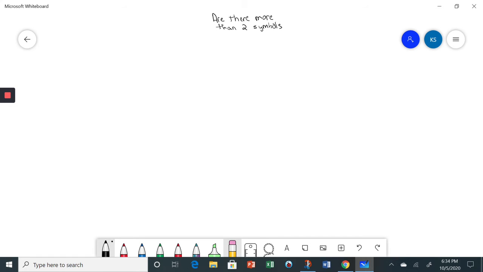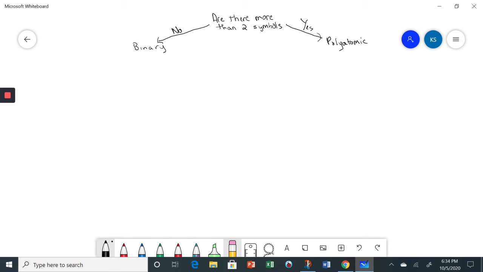If the answer is no, then this becomes binary. If the answer is yes, and I'm not talking subscripts, just symbols, then we're going to say polyatomic.